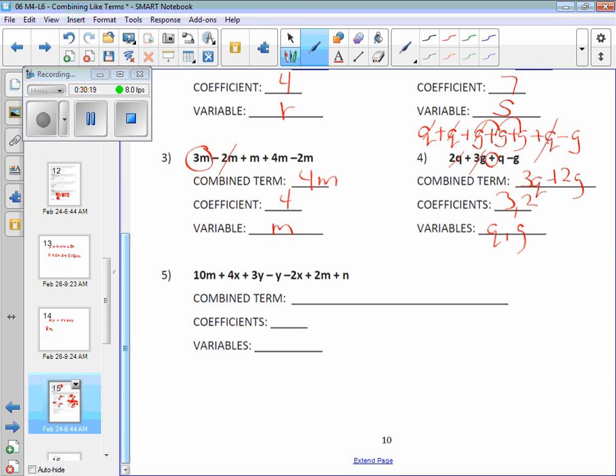What else? We have an X. We have Y. How many different letters do you see? I see an M. I see an X. I see a Y. Do I see any other letters? What letter? An N.